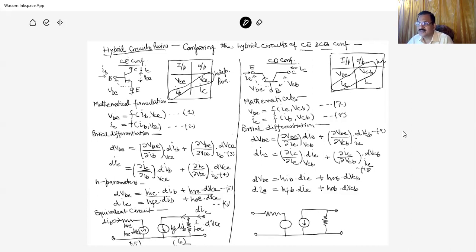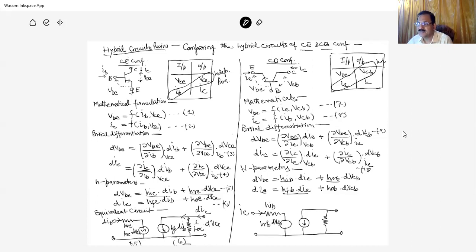On the basis of the h parameters, by replacing the coefficients, we have hib. This hib is nothing but the input impedance, where the current IE is flowing, and this is hrb into dVCB, the reverse voltage gain.